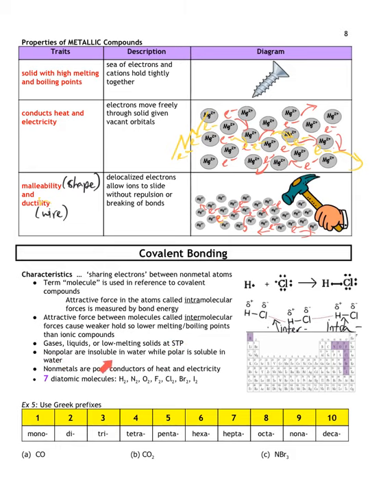Covalent compounds are oftentimes insoluble in water, and polar compounds are soluble in water, because water is polar. Water being polar would not mix with something that is nonpolar, like oil. So oil and water are not soluble with one another, whereas water and something that is polar, like vinegar, are very soluble with one another because they're both polar substances.